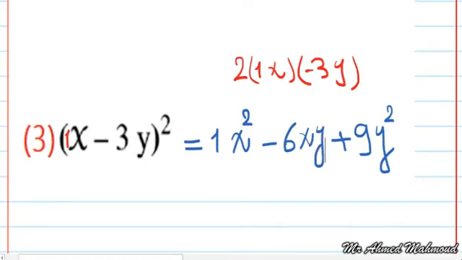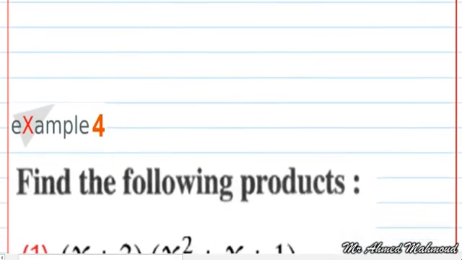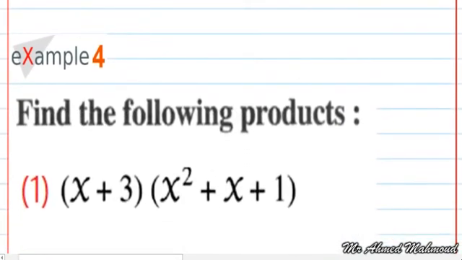The next example, find the following product. This is a new idea. Okay, we need to learn here how to multiply a binomial, x plus 3, times an expression of more than 2 terms. This one is called a trinomial.